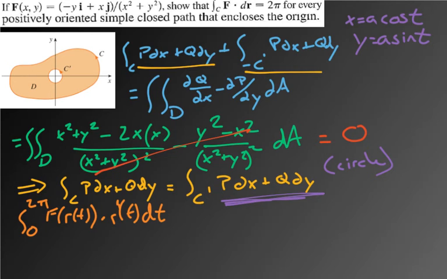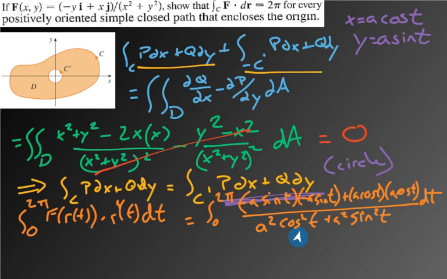It's a lot of crunching, so I'm just going to write down what you would get if you put these in for x and y, then dot that composition with the derivative of this.